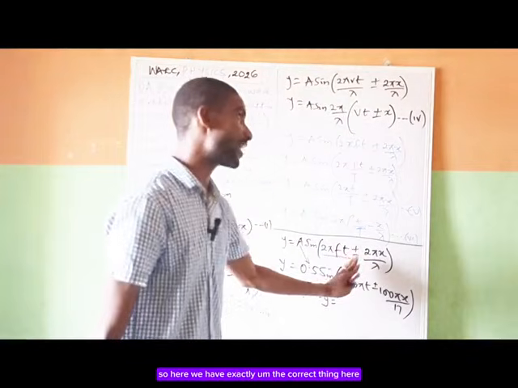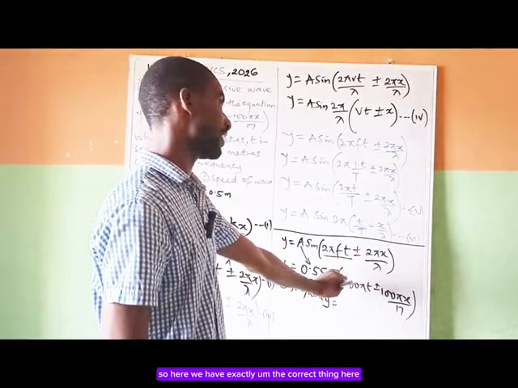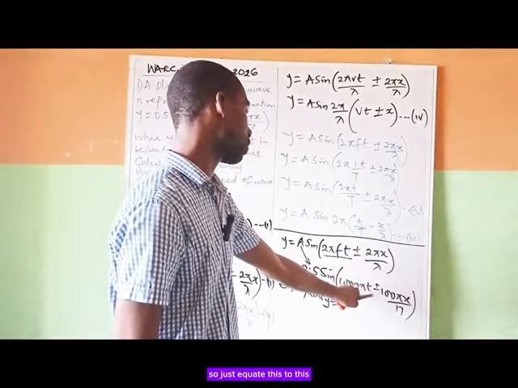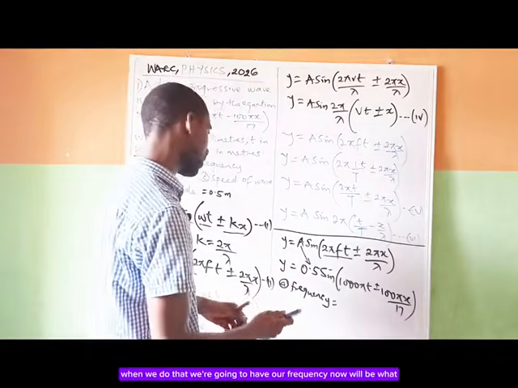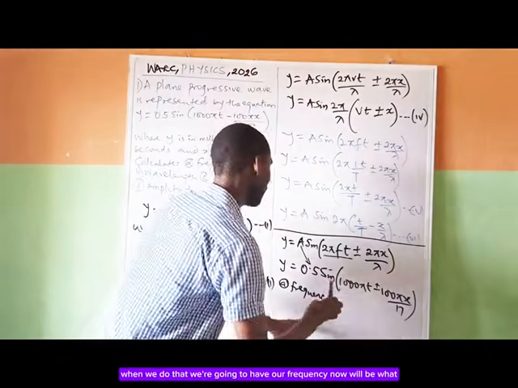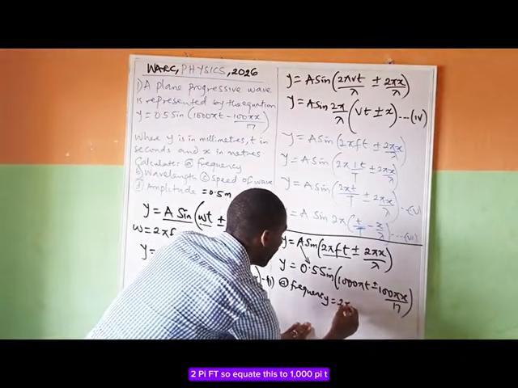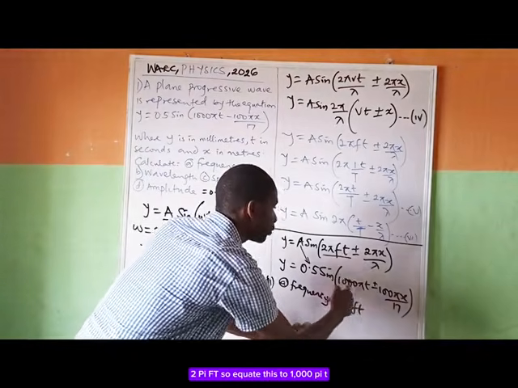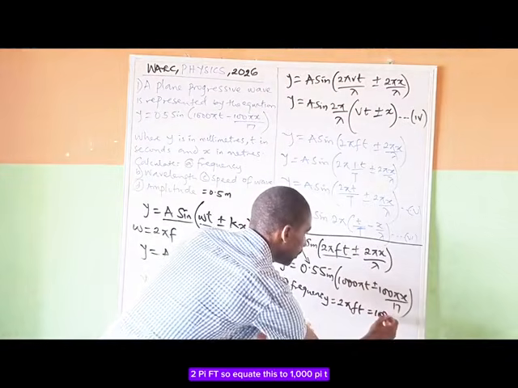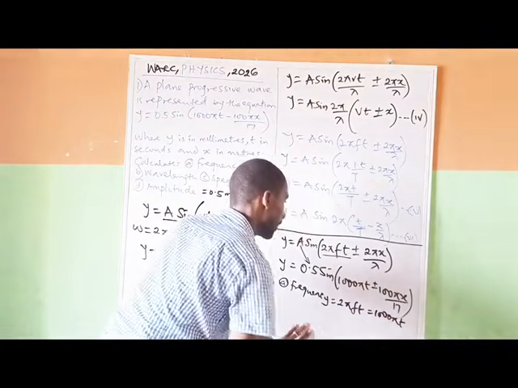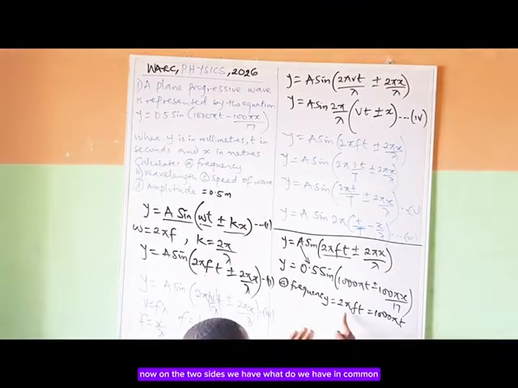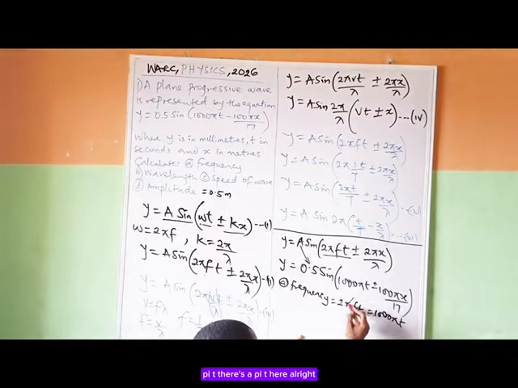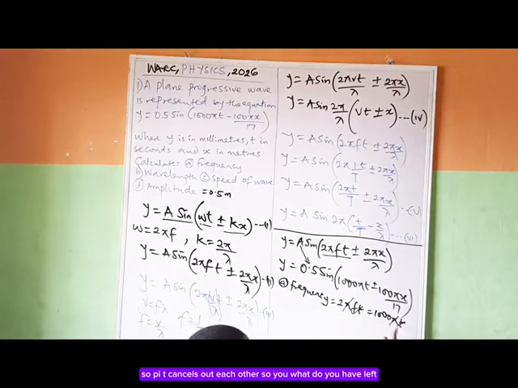So here we have exactly the correct thing. Just equate this to this. Our frequency part will be 2πft, so equate this to 1000πt. On the two sides, what do we have in common? πt, so πt cancels out.